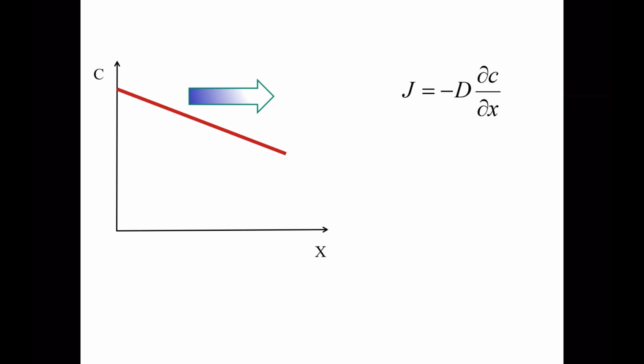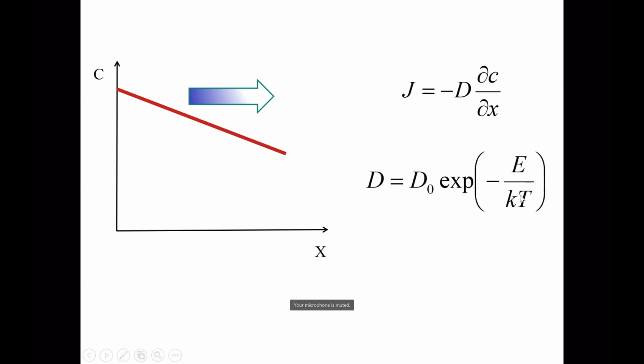The same reason. The diffusion coefficient depends on temperature. This is some constant, named the diffusion constant. This is the Boltzmann constant. This is the Kelvin temperature. And this is the so-called activation energy.